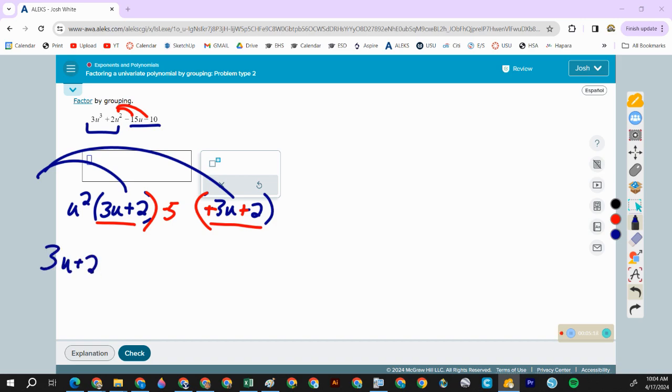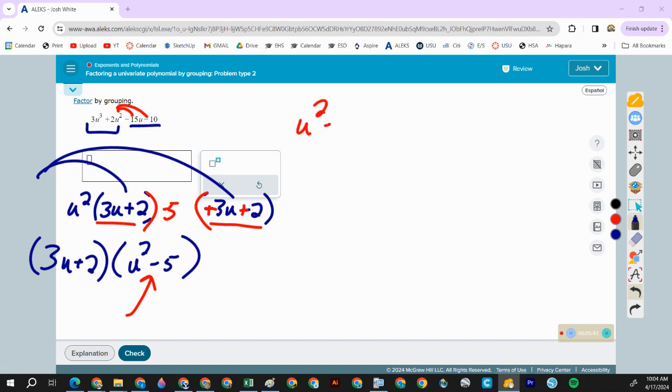3u plus 2 and u squared minus 5. Does this factor? It would if, say, it was a -4, right? U squared minus 4, which is also u squared minus 2 squared, is a difference of perfect squares.